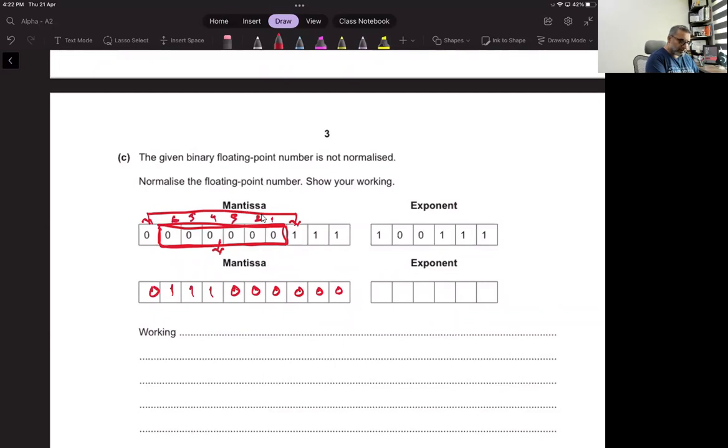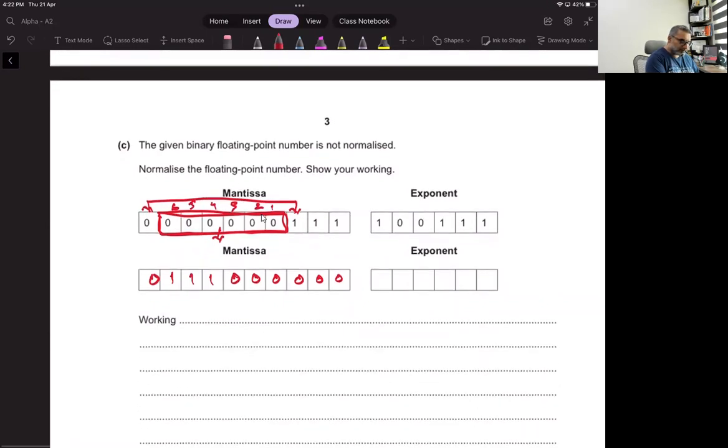So this number is basically 1, 1, 1, 0, 0, 1. So 1, 2, 4, 8, 16, minus 32. So this is minus 32 plus 7, which is minus 25.